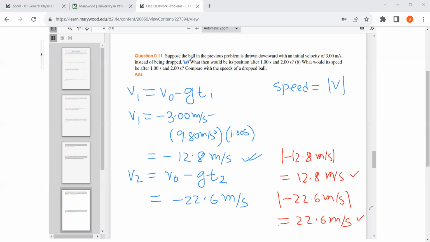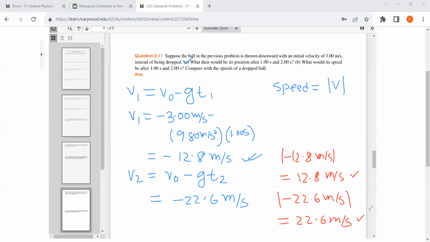In that case, the speed is basically the absolute value of the velocity. If you get a positive sign, then speed and velocity are basically the same thing. But if you get a negative sign for the velocity, the speed will be just the positive of that value. That is the absolute value.